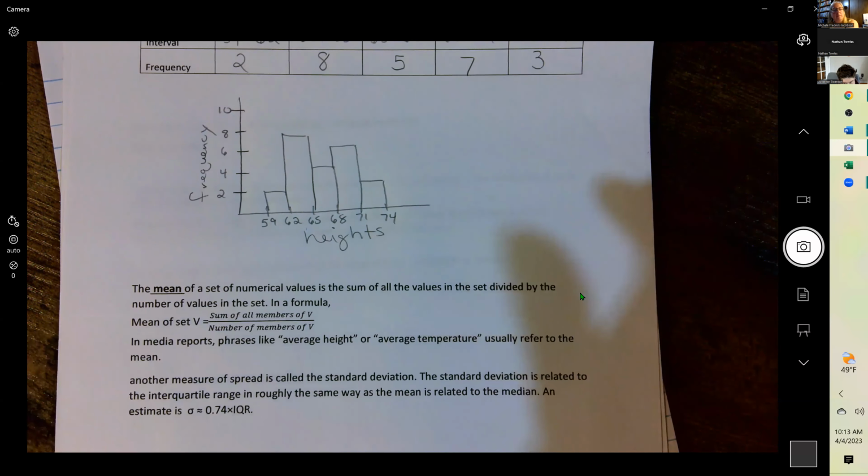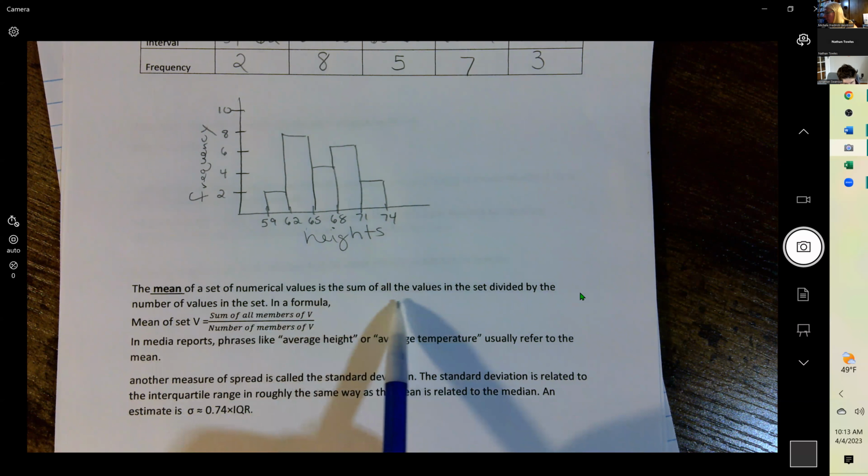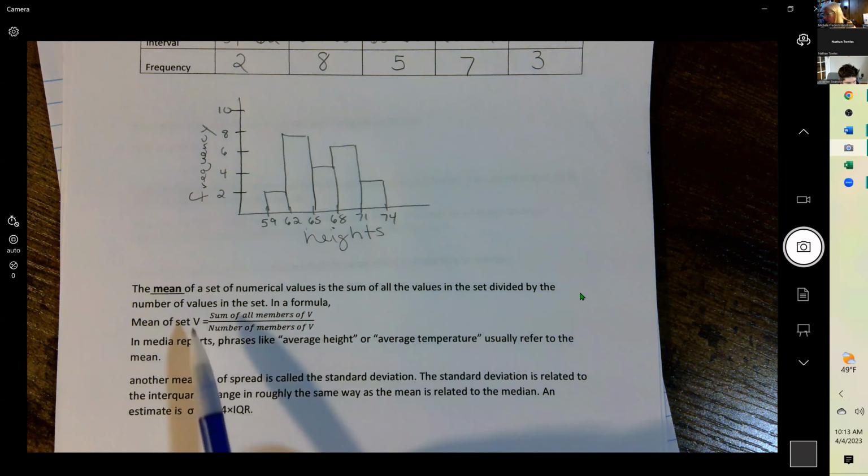The mean of a set of numerical values is the sum of all the values of the set divided by how many there are. So you add all of them up and divide by how many there are. This symbol means to sum.